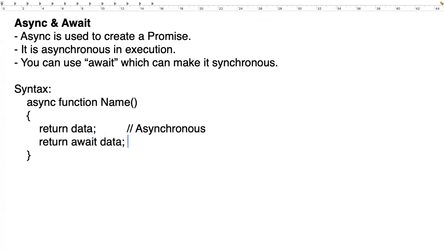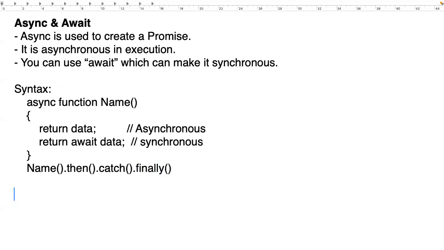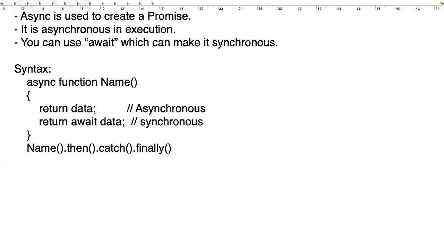This is synchronous. And how it works: dot then, dot catch, and dot finally. It is actually a promise. Directly you create a promise or you use async. That is one concept.